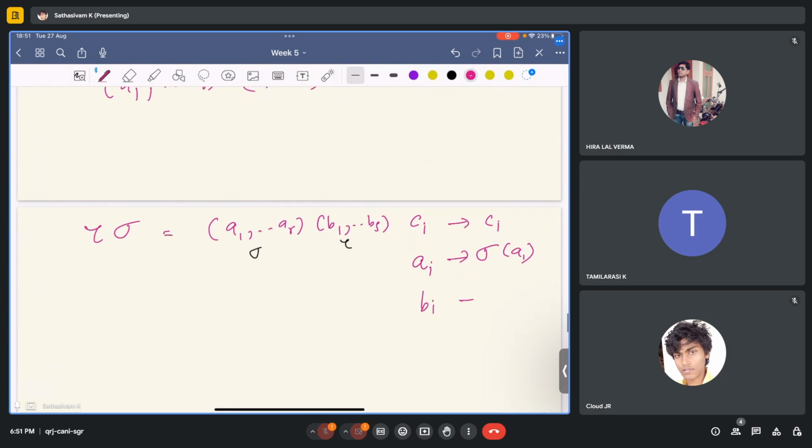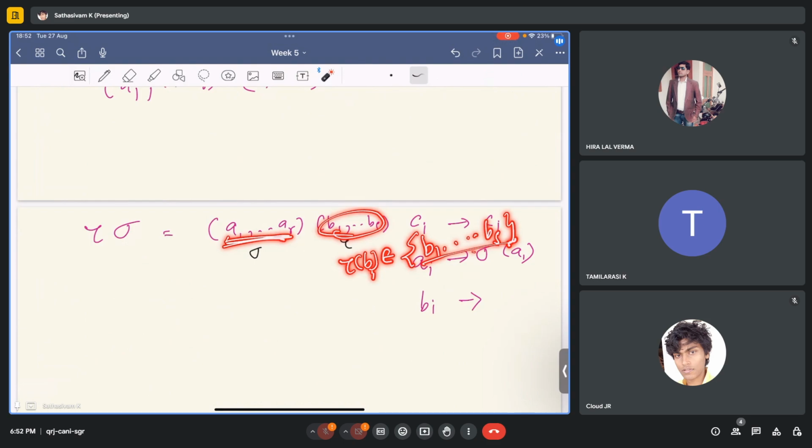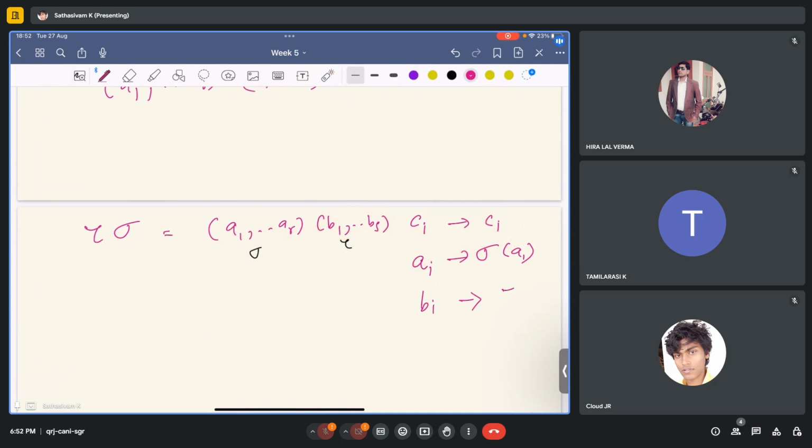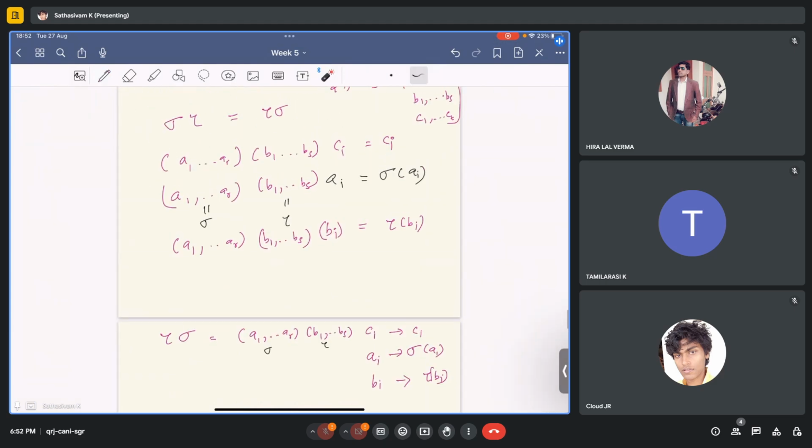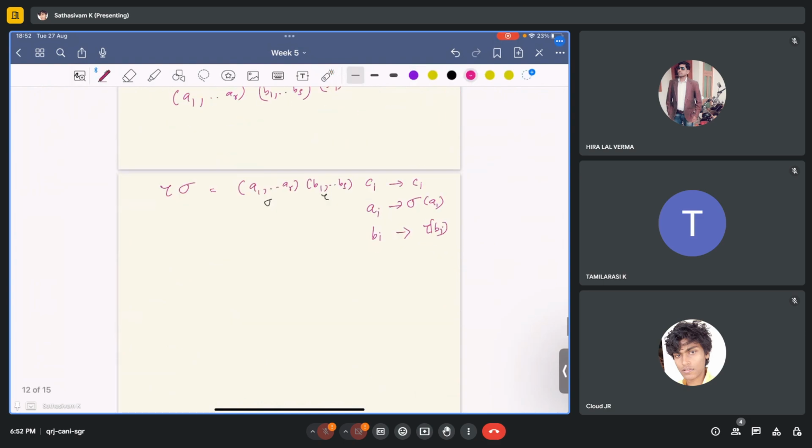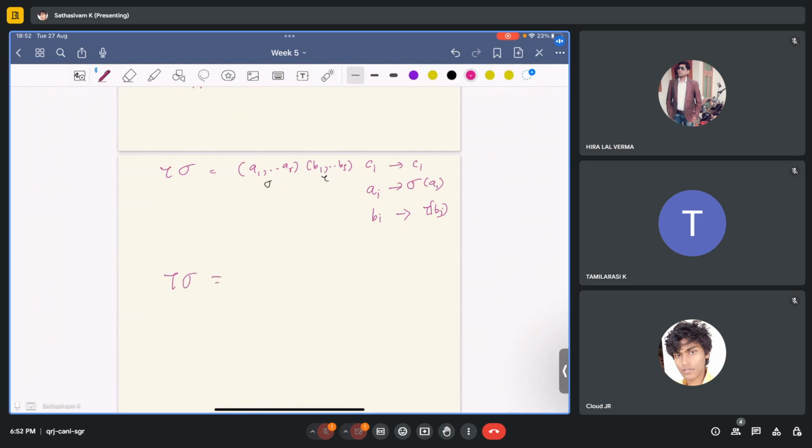And BA will go to tau of BI, but tau of BA is again an element of b1 to bs, whatever the element it is, and that element will not be inside here. So tau of BA will remain invariant under the sigma. So BA will go to tau of BA. If you observe here, you can see that these two are the same. This element maps to the same elements. So what we have is tau sigma equal to sigma tau.